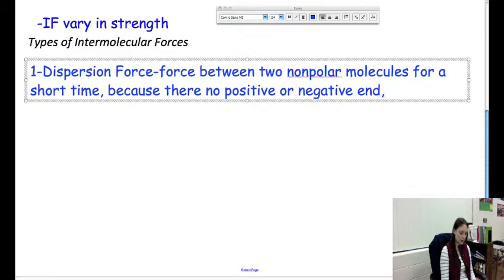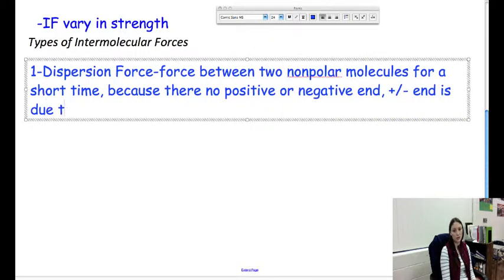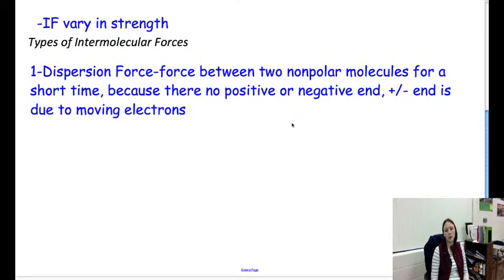So what happens is this positive and negative end is due to moving electrons. For example, if I have O2, an O double bonded to an O, these are nonpolar molecules because their electronegativity difference is the same.